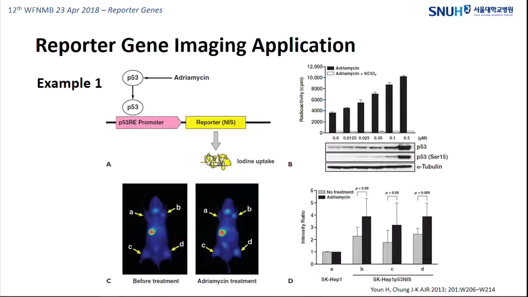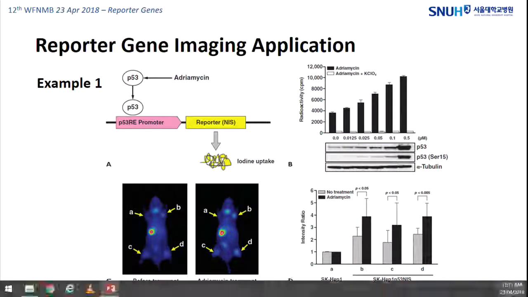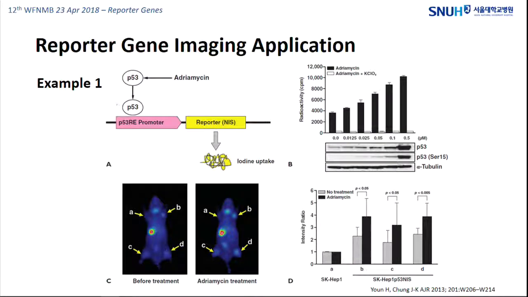The drug adriamycin was reported to accumulate P53. In this case, as we increase the dose of adriamycin, the P53 is increased, and then it binds to the promoter, and the NIS reporter is accumulated and expressed in the cells.